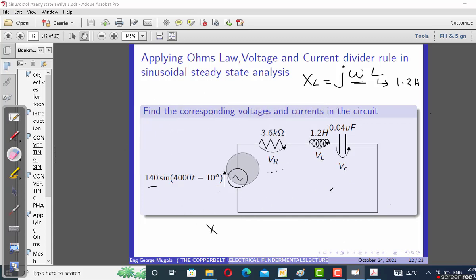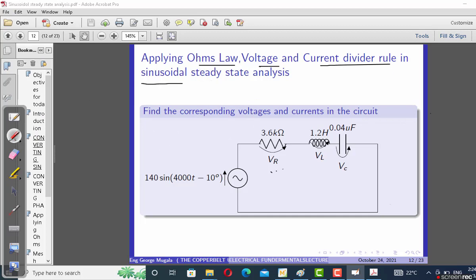So real quickly, what we're saying is that if we have to work with the circuit, where we apply Ohm's law and the voltage and current divider rules in sinusoidal steady state analysis, then our task is to convert everything into complex format. So our voltage will be converted using its amplitude with an angle, which is polar format.